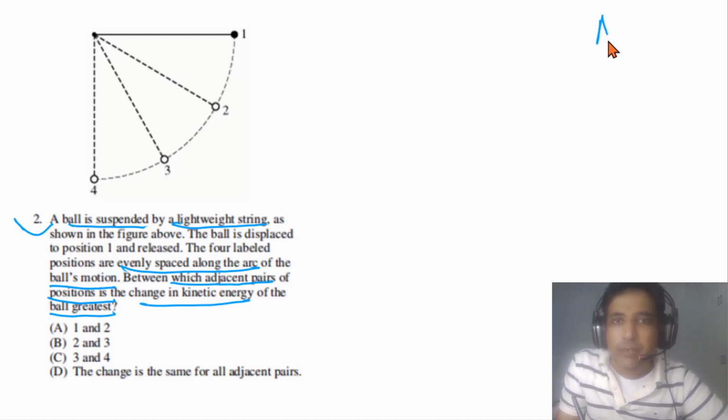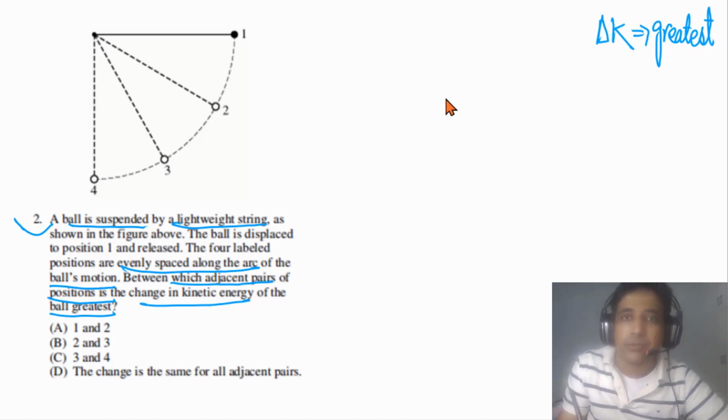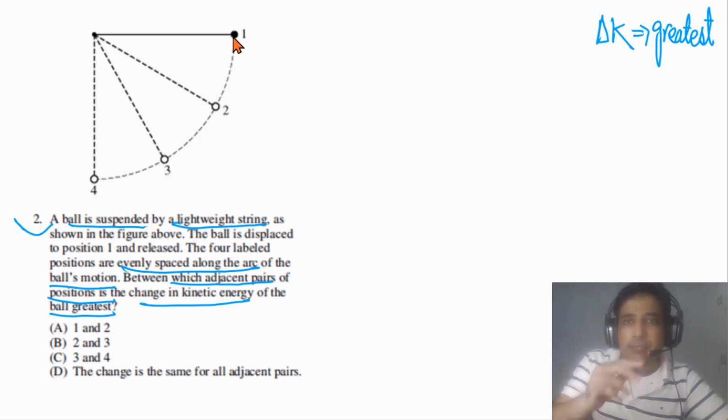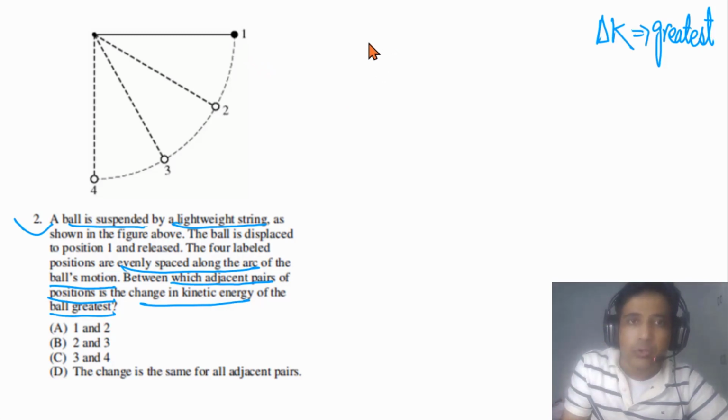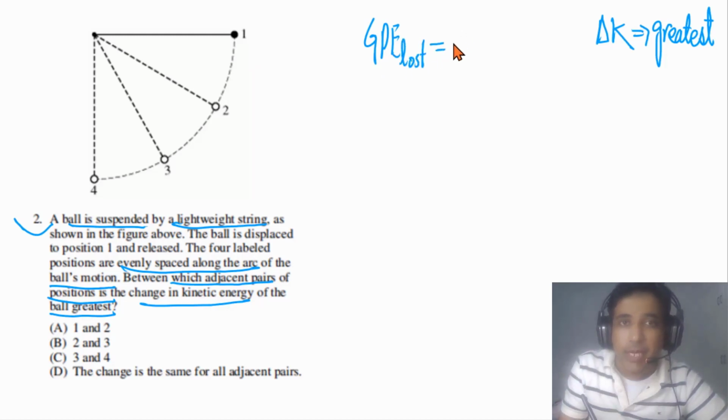So we need to find out the positions where delta K is the greatest. Delta K is greatest, change in kinetic energy is greatest, not the kinetic energy is greatest. So in this case we need to understand, as the ball is falling down, the ball is losing GPE. So we can simply write down GPE is lost, and loss in GPE has to be equal to gain in KE, kinetic energy gain.